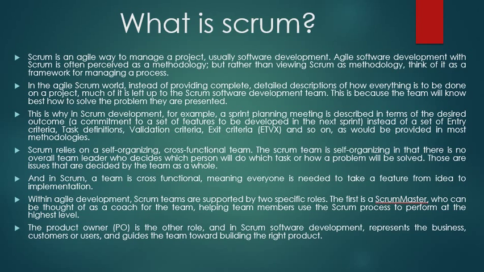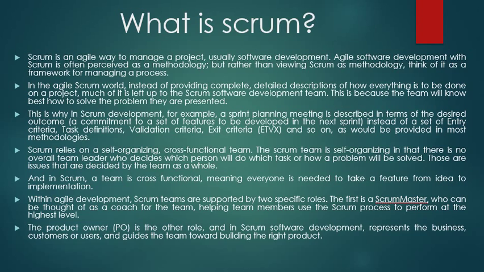This is why the Scrum development, for example, a sprint planning meeting, is described in terms of the desired outcome, a commitment to a set of features to be developed in the next sprint. Instead of a set of entry criteria, task definitions, validation criteria, exit criteria, and so on, as would be provided in most methodologies. Scrum relies on a self-organizing cross-functional team.